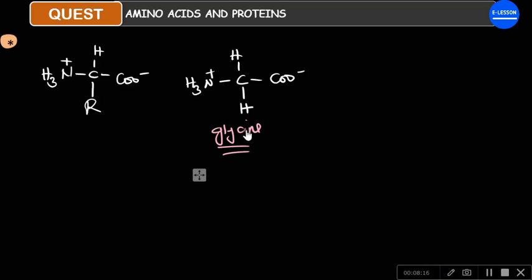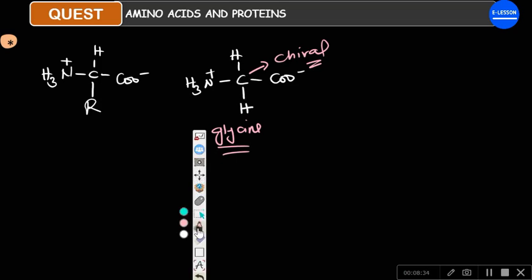Now, since glycine is the simplest amino acid, look at glycine very well. Is glycine optically active? Now, we said for something to be optically active, it must have a chiral carbon center. For anything to be optically active, it must have a chiral carbon. Now, if you look at this structure very well, does it have a chiral carbon? No. Now, we talked about chiral carbon. Here we said that a chiral carbon is a carbon center that has 4 different groups about it.